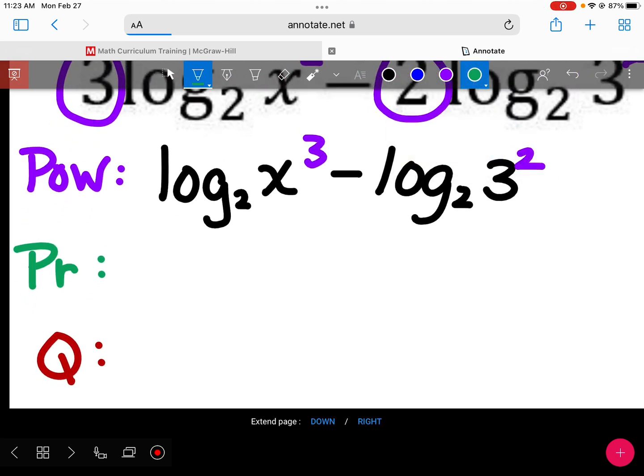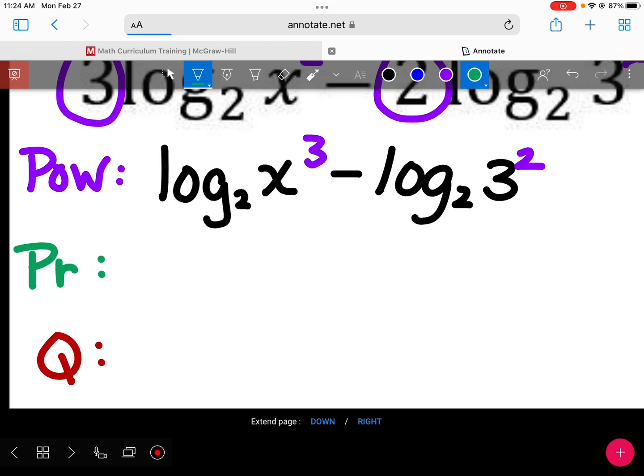And then I get to the product property. How will I know when I'm trying to condense whether or not I need to use the product property? If there's more than one log, with what in between them? Addition. What do we have in between our logs here? I have a minus sign.